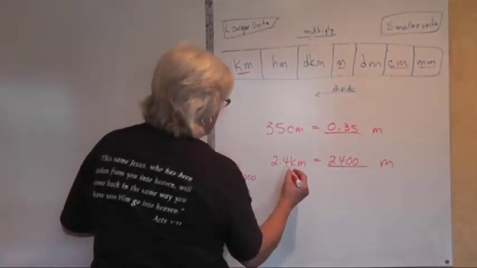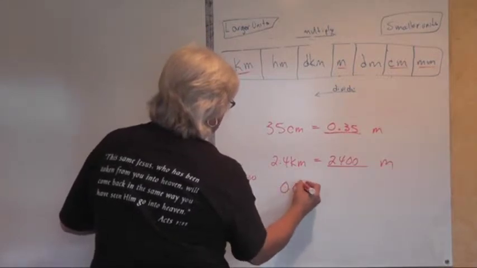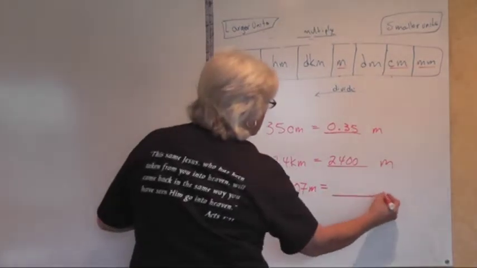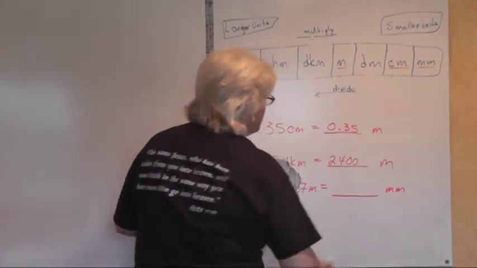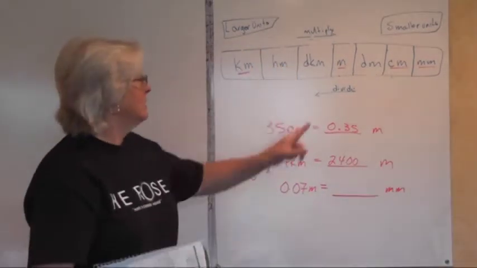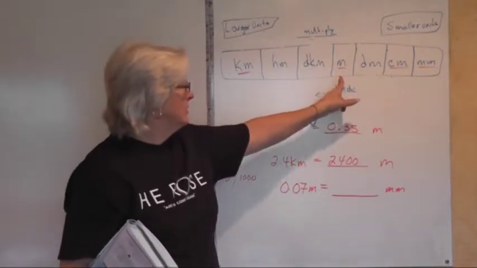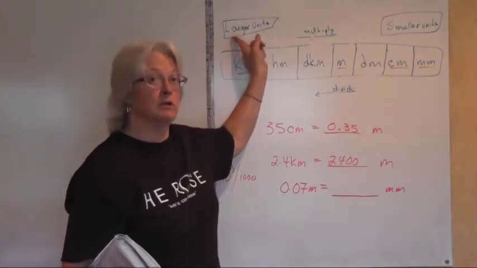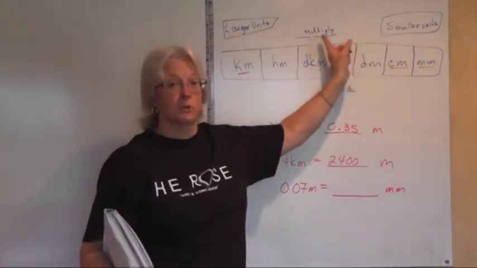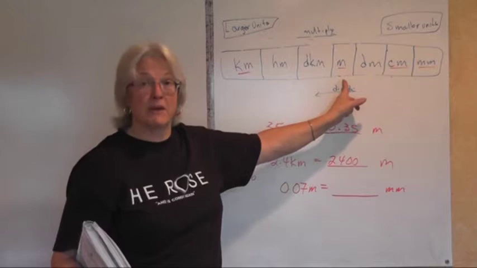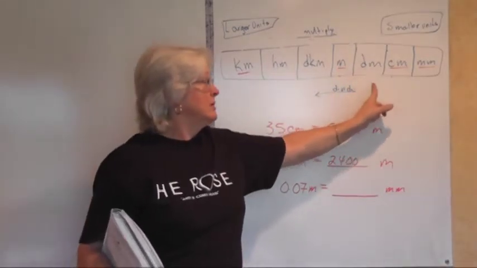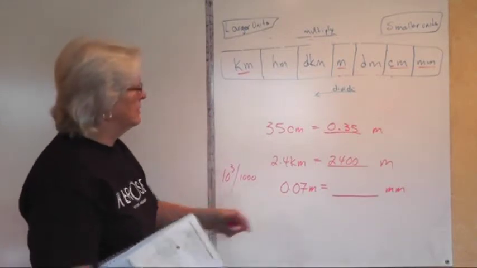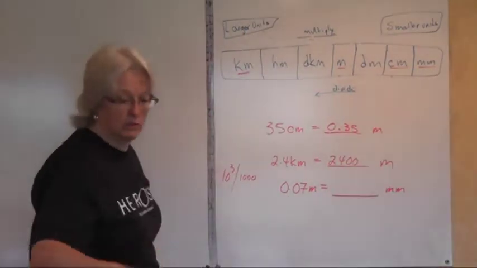Another one, 0.07 meters is equal to how many millimeters? What are we doing here? We're moving from meters to millimeters, from larger to smaller, so we're going to multiply. How many spaces do we move? 1, 2, 3. We're going to move our decimal point 3 places to the right.